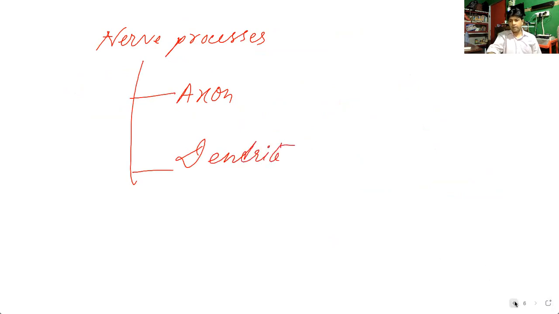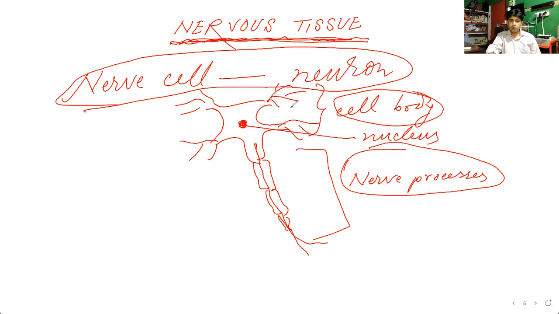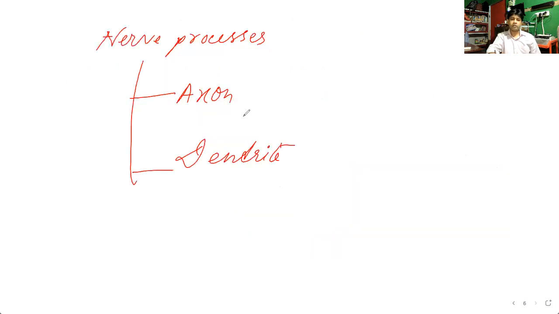So here in this diagram, you are looking at these short hair-like structures. These short hair-like structures are the dendrites, and this long tail-like structure you see from here to there, it is the axon. So these two types of nerve processes are there, axon and dendrite.